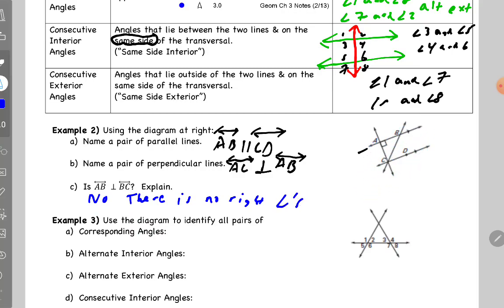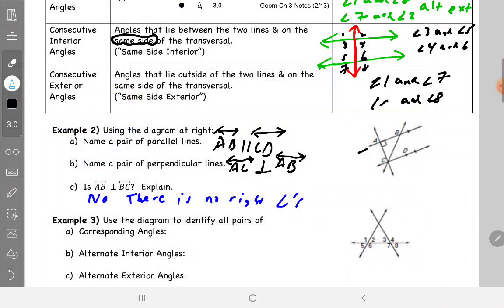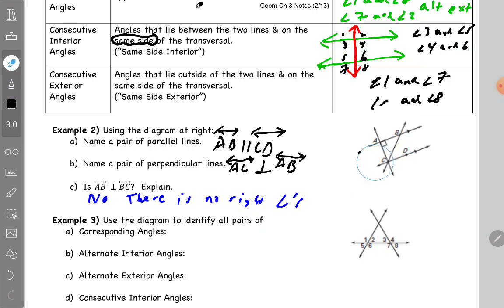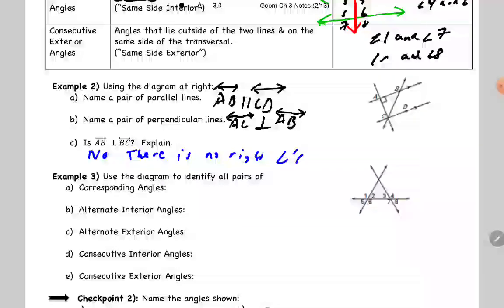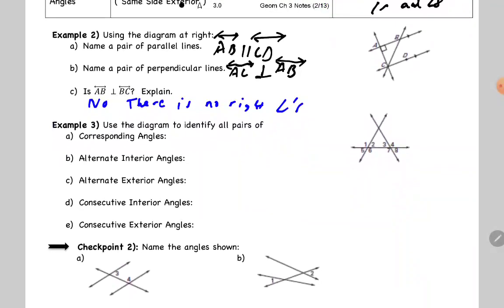Another way to look at it, AB is already parallel to CD, so there's no right angle between AB and CD.